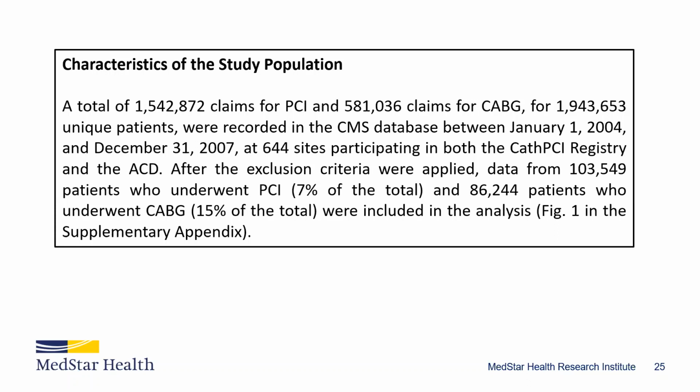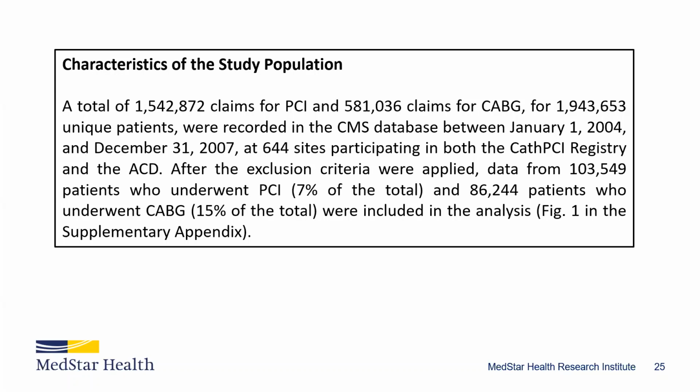After the exclusion criteria, we ended up with a total of 103,000 patients, 86,000 were PCI patients, and the other, 17,000 CABG patients, that's 15% of the total, were included in the analysis. And I have this paper as a reference if you're interested in looking at it. So that's the database that we came up with, a fairly large database.